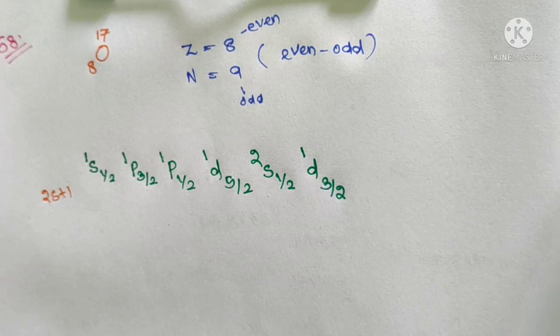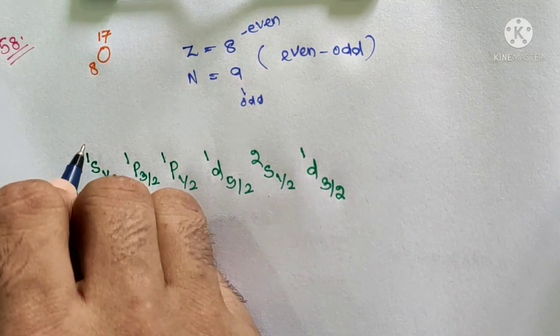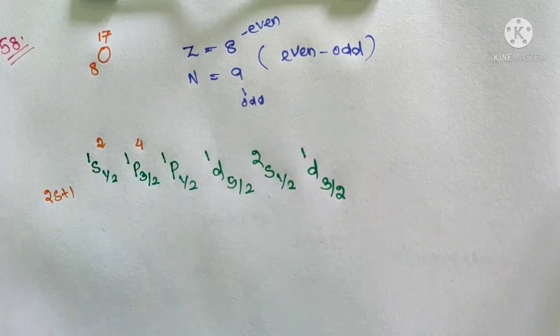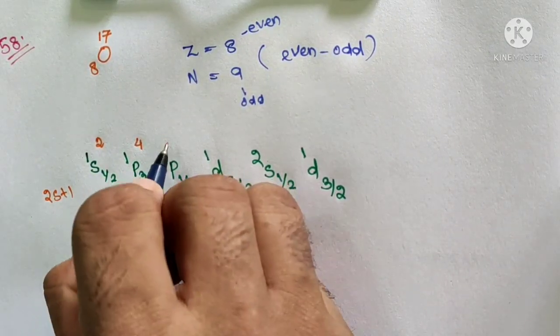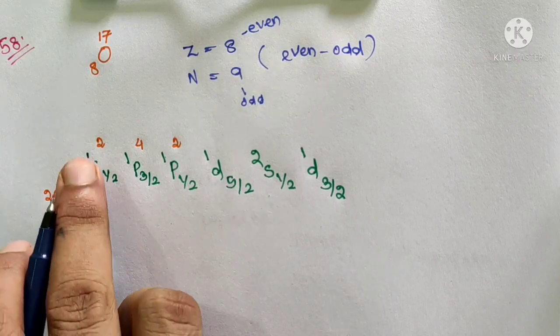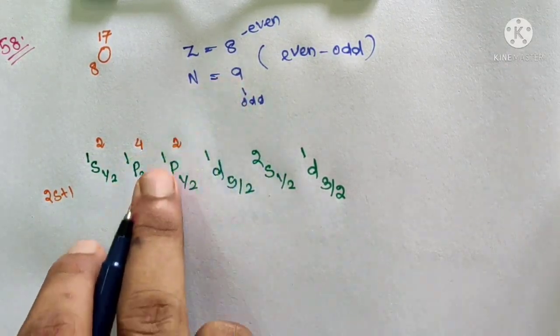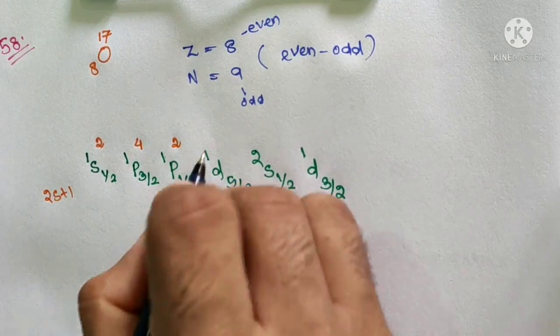So here it will be 2, for 3 by 2 here it will be 4, and for half it will be again 2. Now 2 plus 4 plus 2 is 8, we have total 9 neutrons, so in the next subshell it will be 1.